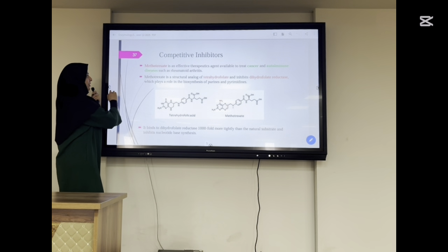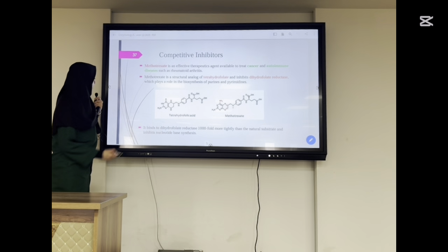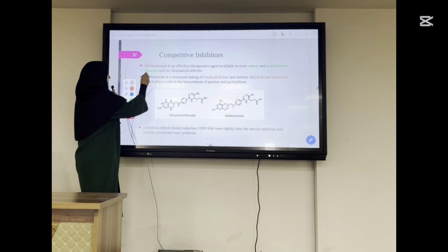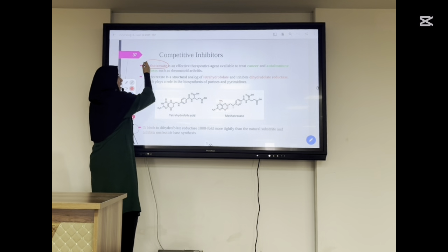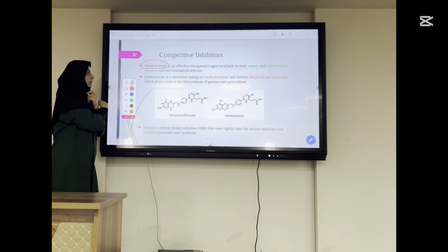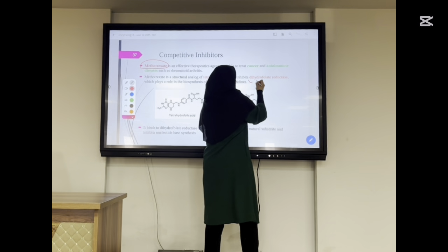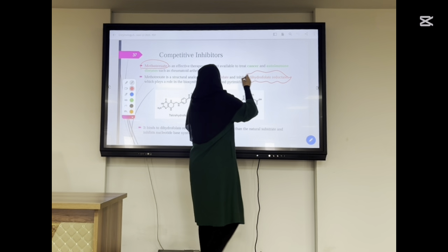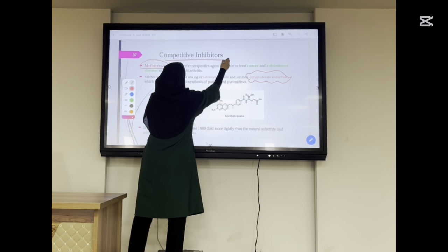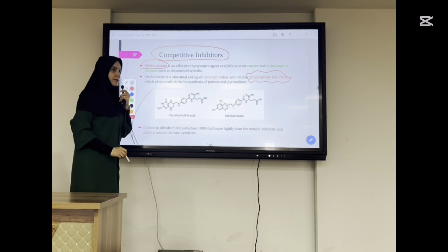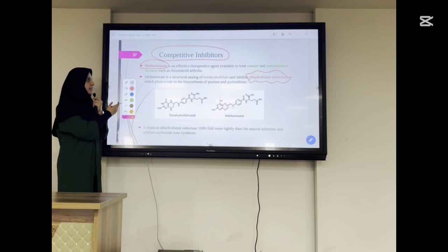Another example of competitive inhibitors, just know that methotrexate is an anti-cancer drug that inhibits dihydrofolate reductase and belongs to the competitive inhibitors. To be honest, in this slide these three phrases are important.